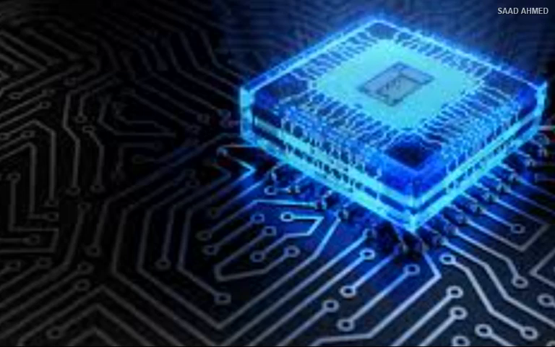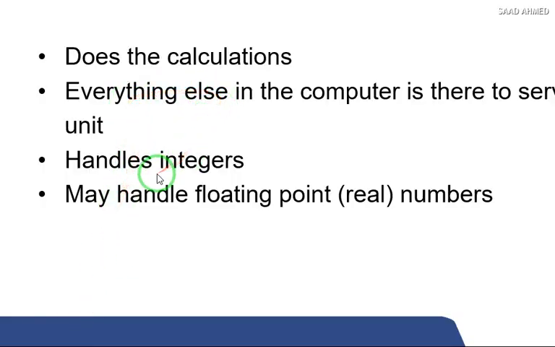So the ALU is going to perform the mathematical and logical functions, and it is responsible for performing calculations on integers, as well as handling floating point, the real numbers.